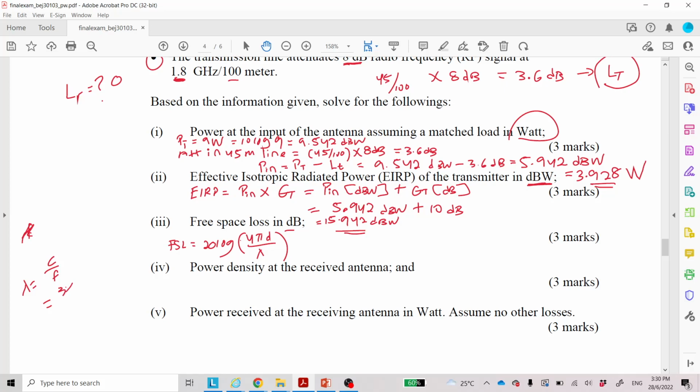So this is 3 times 10 to the power of 8, divided by 1.8 gigahertz, times 10 to the power of 9. So you're going to get 0.17 for lambda.